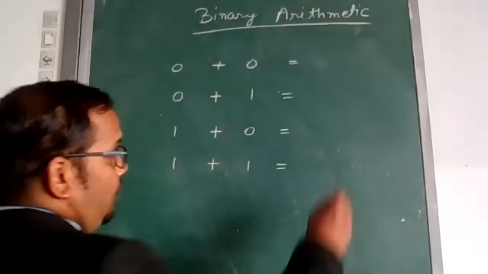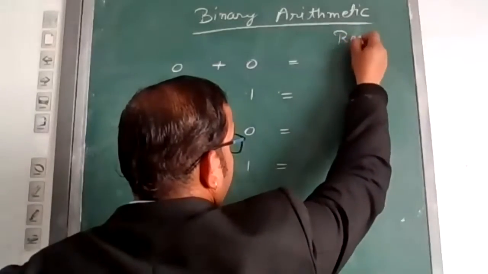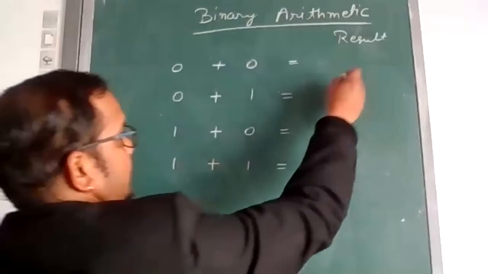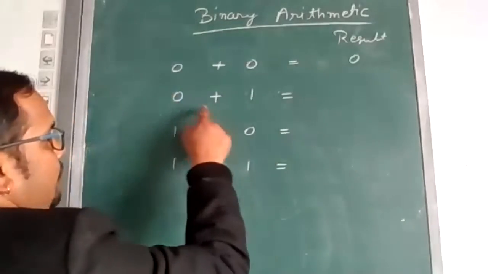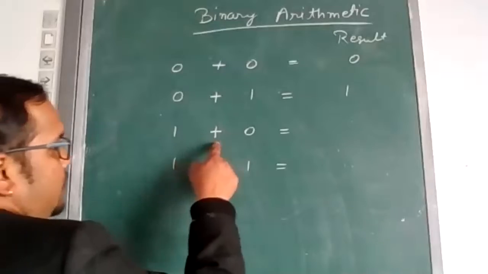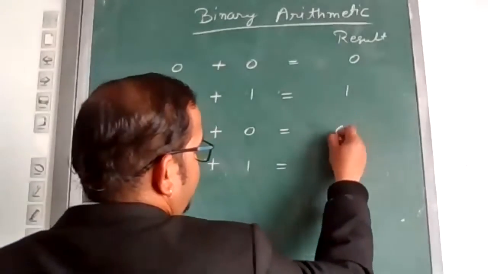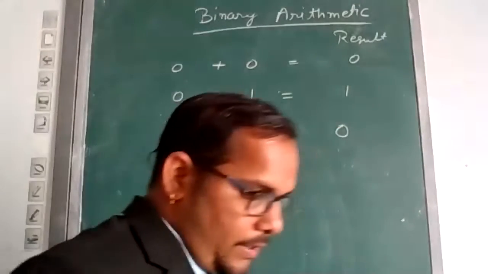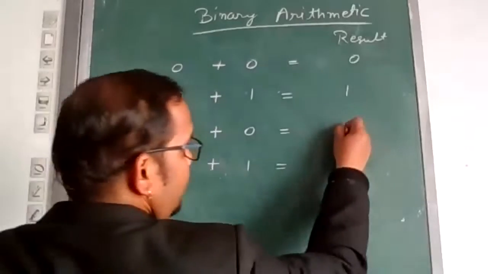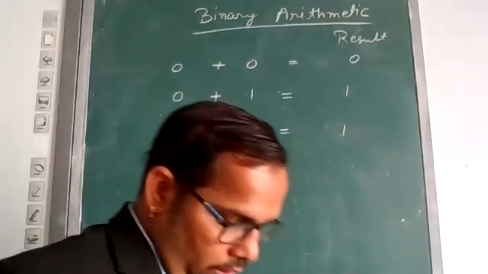The result of 0 plus 0 is 0. 0 plus 1 is 1. 1 plus 0 is 1.